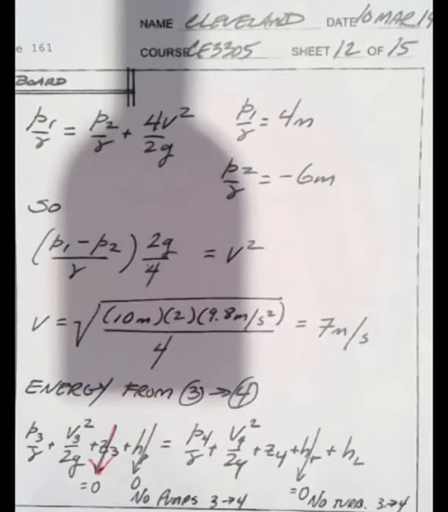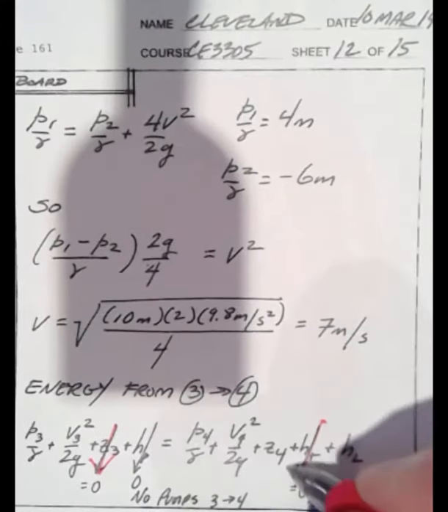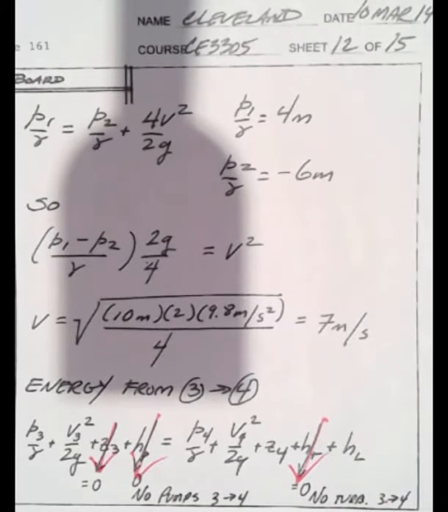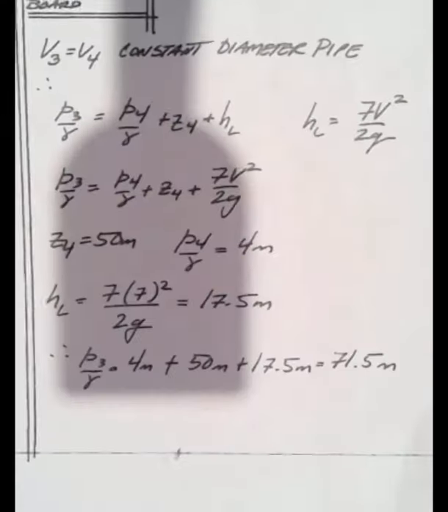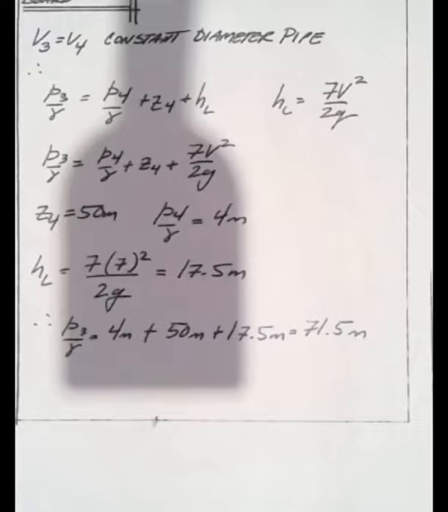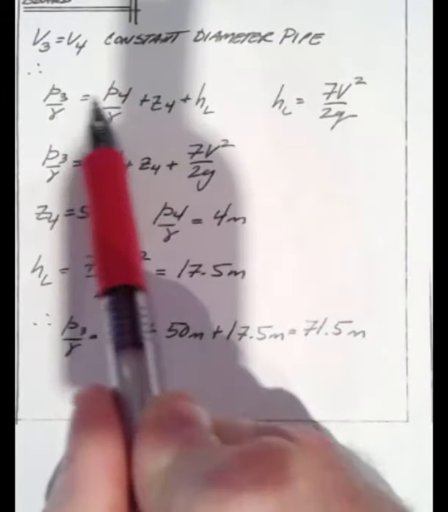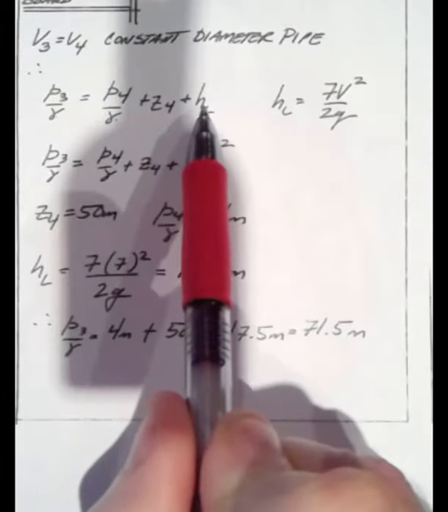We can set Z3 as the datum. That zeroes out. That zeroes out. We also know that V3 equals V4, so those will cancel. And so what we have left is P3 over gamma equals P4 over gamma plus Z4 plus head loss.